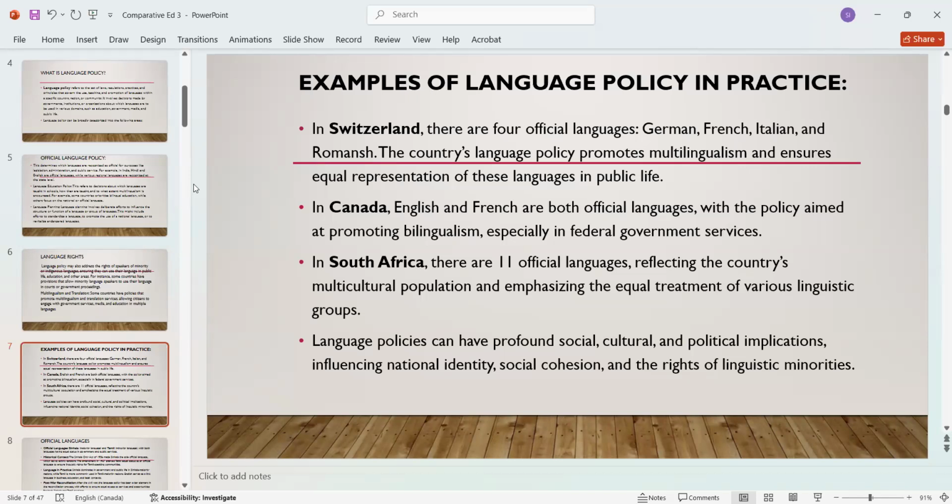So that means these 4 language people are represented in that country. So they are giving rights for them to use that language as official language, right, in Switzerland. In Canada, English and French are both official languages, with the policy aimed at promoting bilingualism, especially in federal government services.